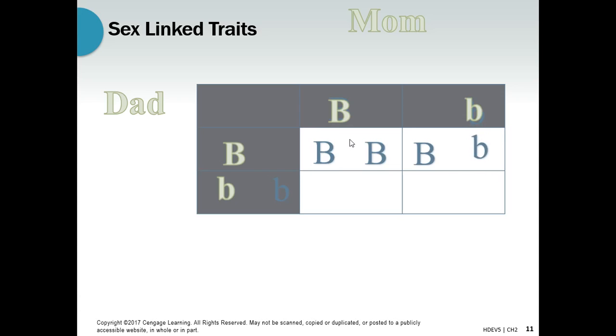For the left bottom square, we're going to take mom's dominant allele and dad's recessive allele. And then for the bottom right, we're going to take mom's recessive allele from the top and dad's recessive allele from the bottom. And again, what you're seeing here is the same thing you saw at the top.